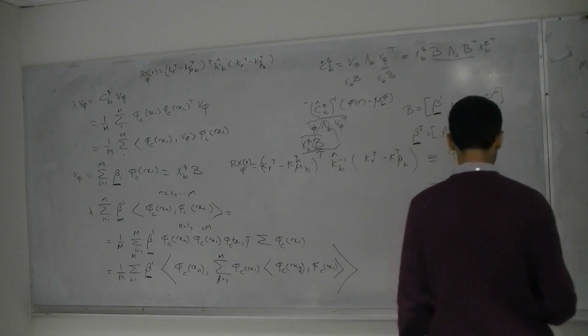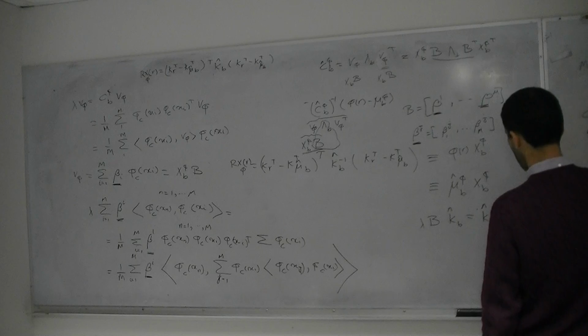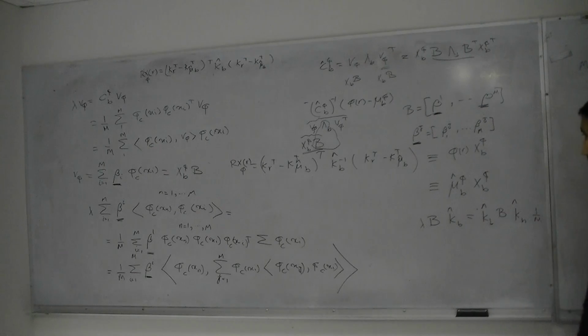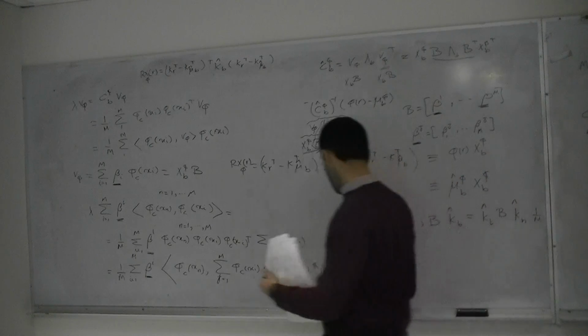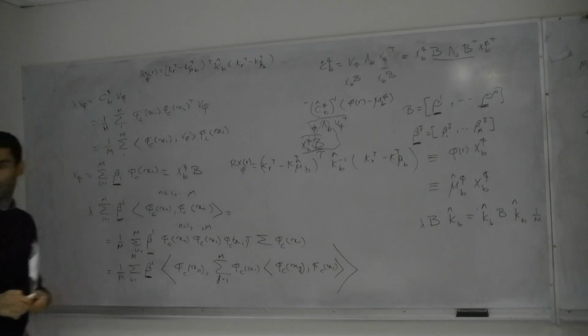And this 1 over n here, and this 2k we cancel, because here we have again a KB.